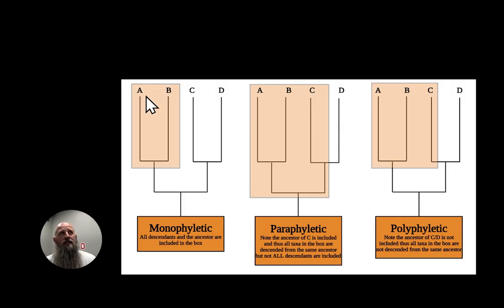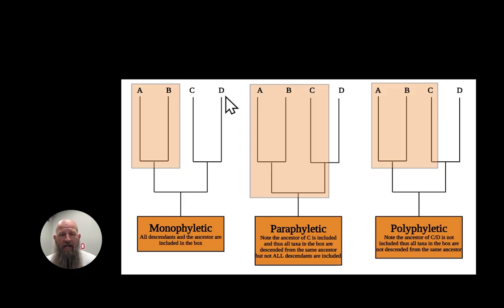So A is sister to B, C is sister to D, right? But C is not sister taxa to B. Why? Because C's closest relative, closest organism in terms of evolutionary descent, is D, right? So C is sister to D.